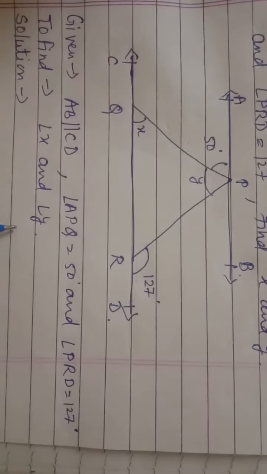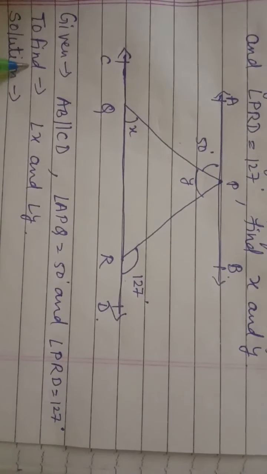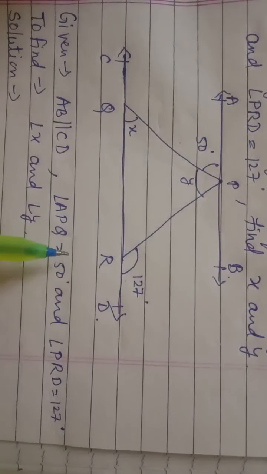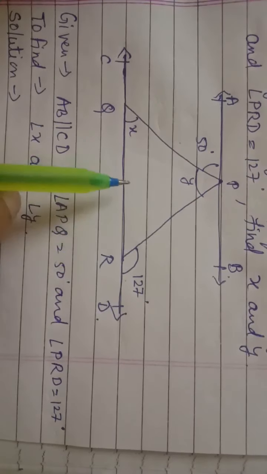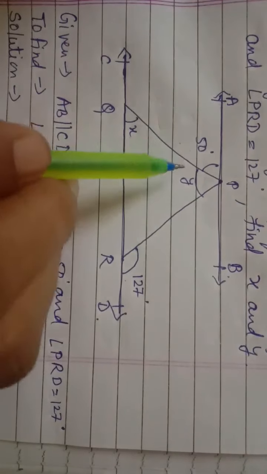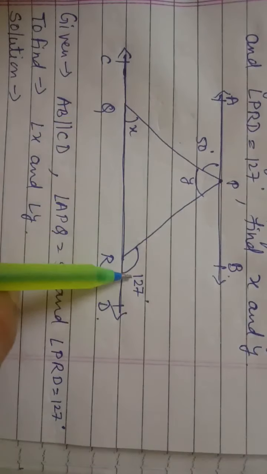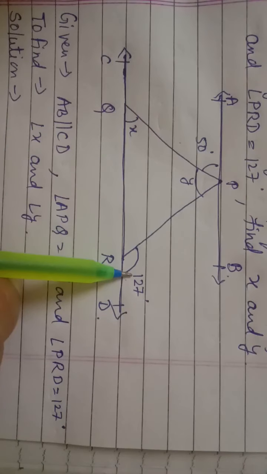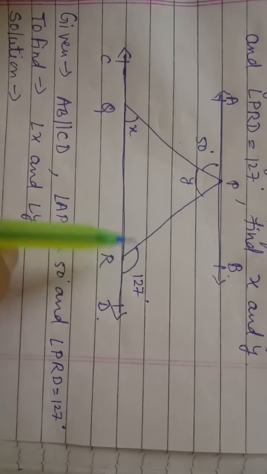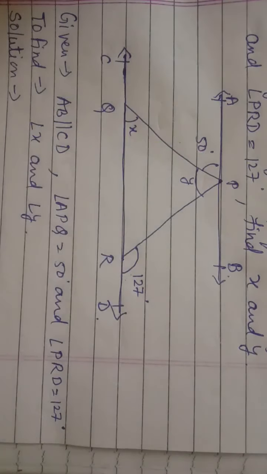So we will write whatever the things are given, and what is to be found. Now we can find the value. This question is very simple but very important also. You can solve this question by using the exterior angle property, or by using the linear pair axiom also.